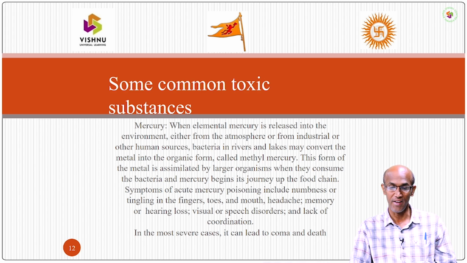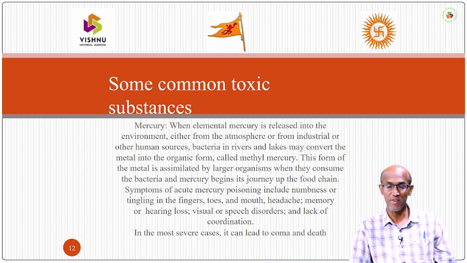This form of metal is assimilated by large organisms when they consume the bacteria, and mercury begins its journey up the food chain. Symptoms of acute mercury poisoning include numbness or tingling of the fingers, toes and mouth, headache, memory or hearing loss, visual or speech disorders, and lack of coordination. In most cases, it can lead to coma and death.